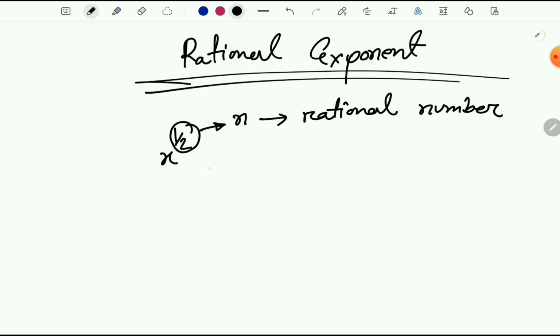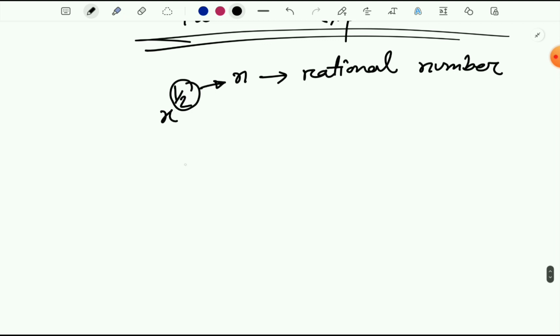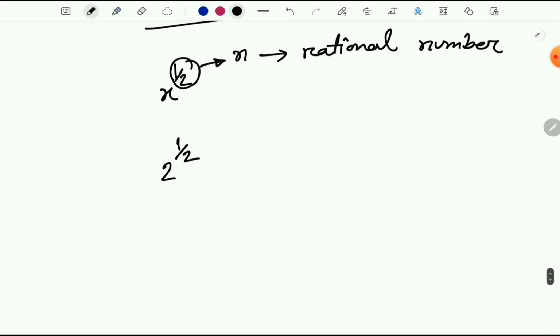This kind of problem usually comes in TOLC-I, TOLC-A, or F. We can write different forms like this: half, this is also a rational number. Negative 0.5 is also a rational expression of an exponent.